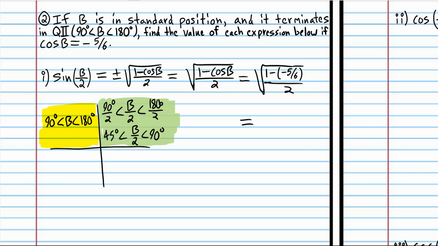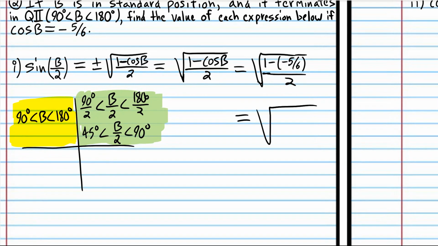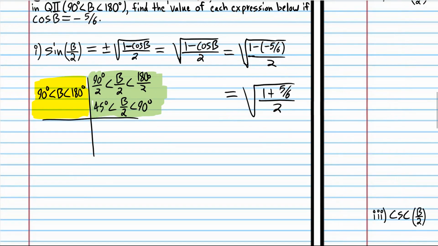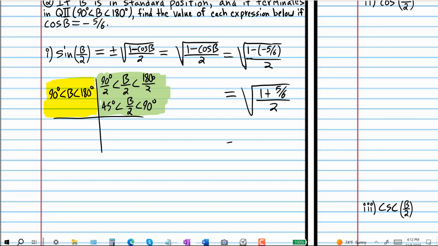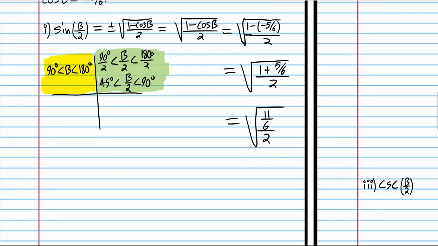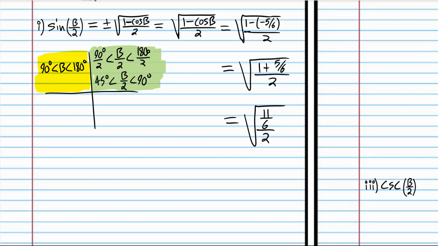Now we need to recognize that it's a double negative. We have 1 plus 5/6, and we get 11/6. And that simplifies to 11/12.